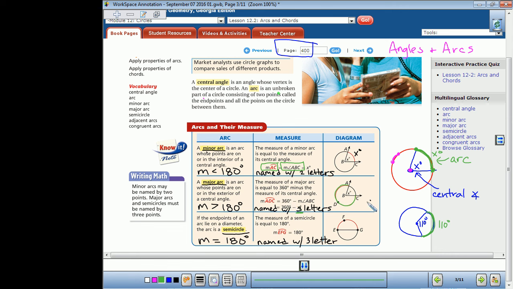Does that make sense? And that would give us the measure of arc ADC. Semicircles are also named with 3 letters, so really the only arc that we would name with 2 letters is a minor arc. So if it has 2 letters, you know it's less than 180 degrees.